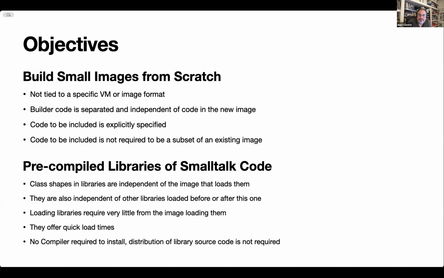With respect to libraries, we want binary code libraries that don't require source code and won't use a compiler to load. We also want to be able to load libraries that define possibly different class shapes for classes that already exist in the loading image or in another library that was previously loaded. Library loading should almost never fail, and we want to be able to load tons of libraries quickly.